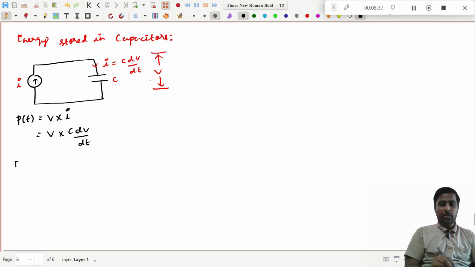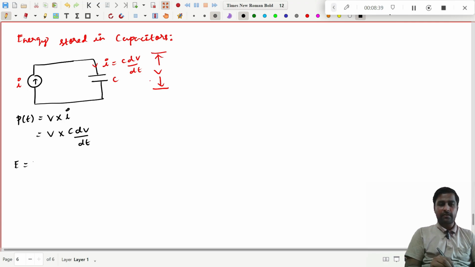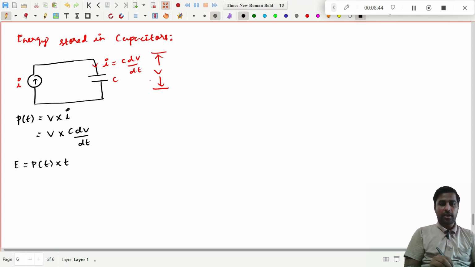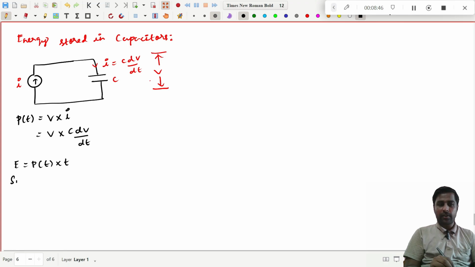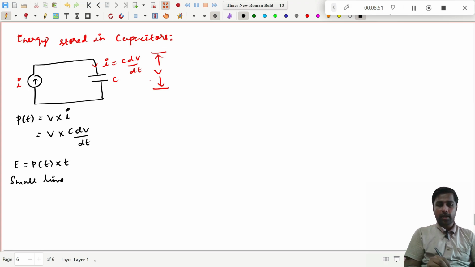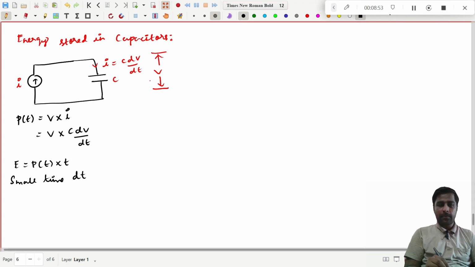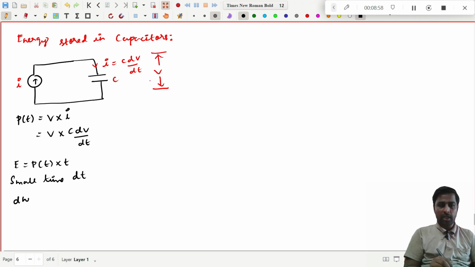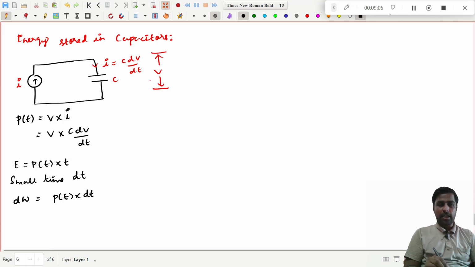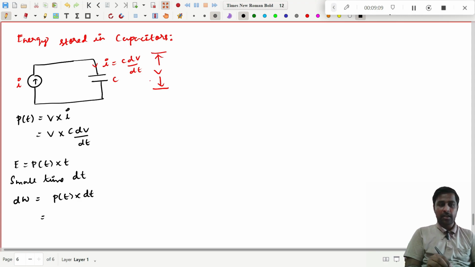And if I want to write the energy, the energy expression will be equal to p(t) into t, right? And if I write it for a small time dt, instead of E I will write W. So dW will be equal to p(t) into dt, and p(t) is CV into dV by dt.